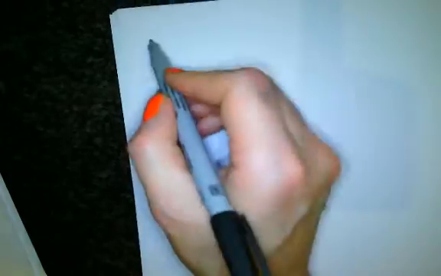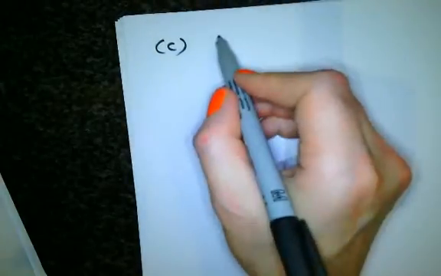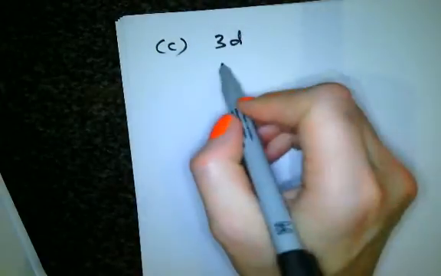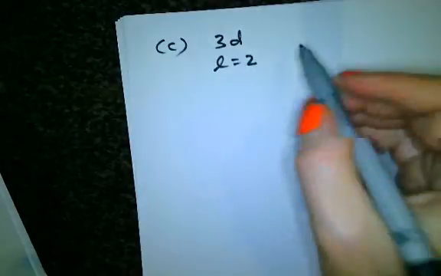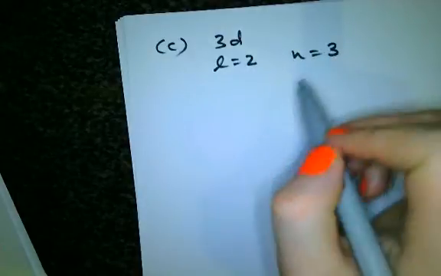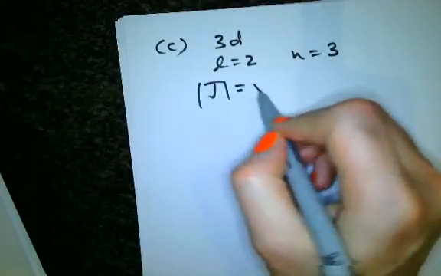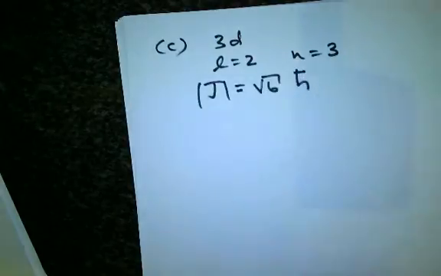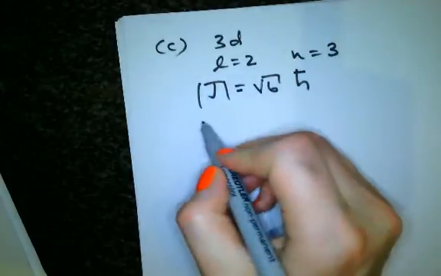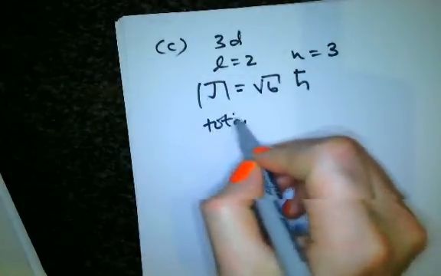Part c, 3d electron. L is 2, n is 3, so the angular momentum is equal to the square root of 6 h bar. Total number of nodes, n minus 1, which is 2.